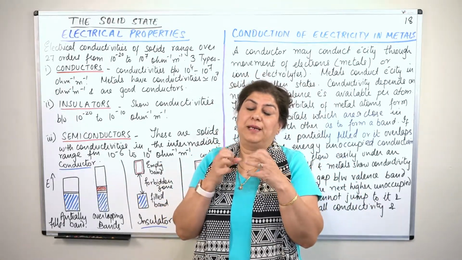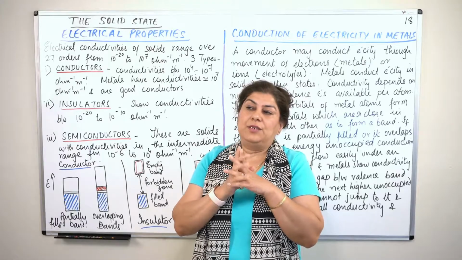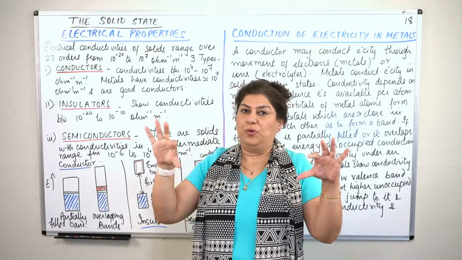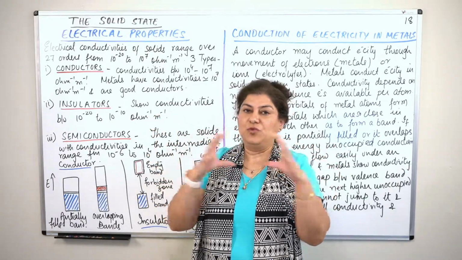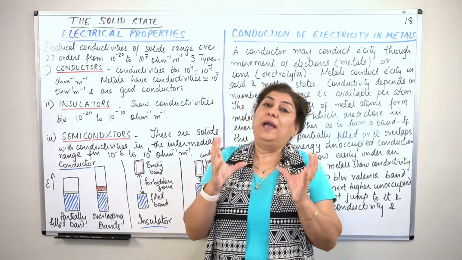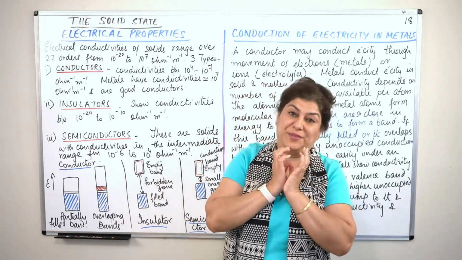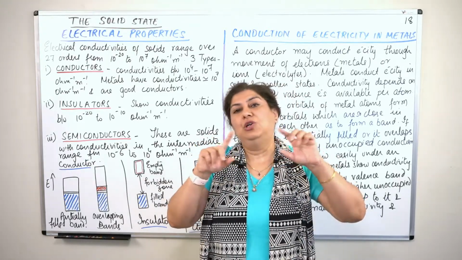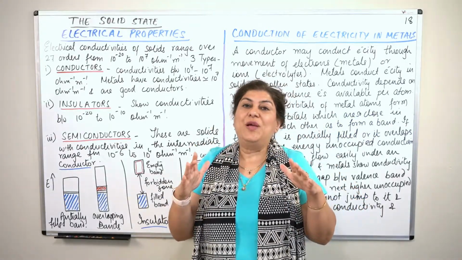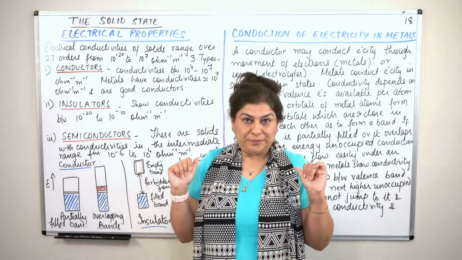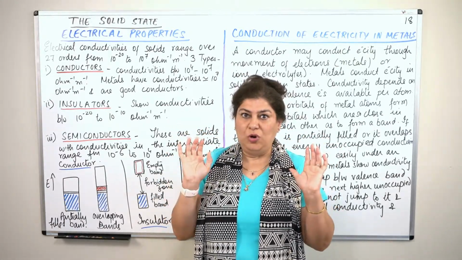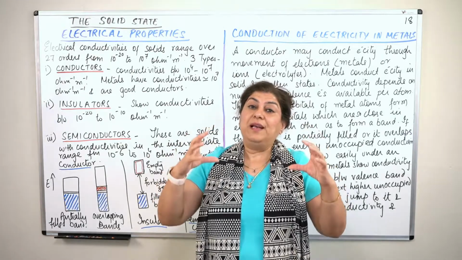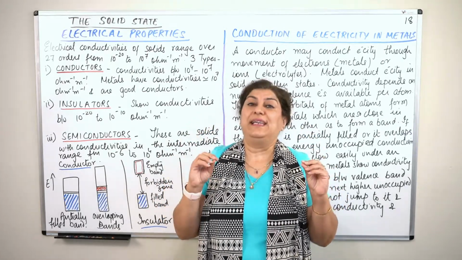What happens in a metal is that metals are pure, they have the metal atoms all together. But then why do the metal atoms stay together? They stay together because they have valence electrons which are loosely bound, and these valence electrons are lost. If the valence electrons are lost, the metal atoms now become ions in a way.